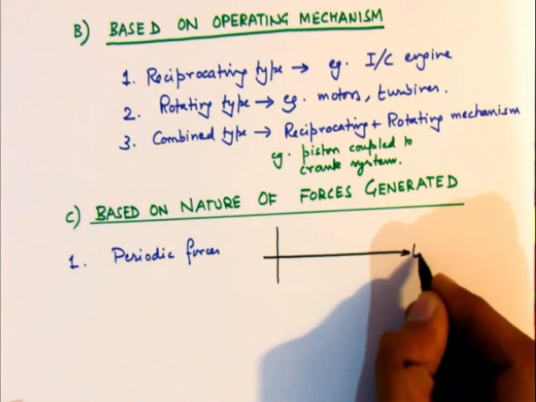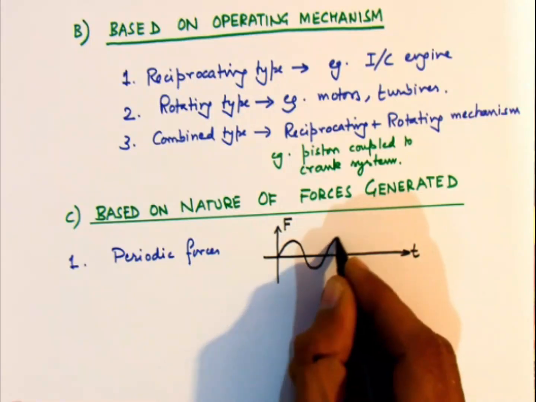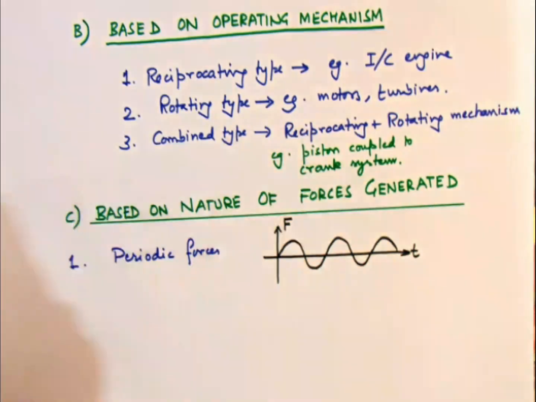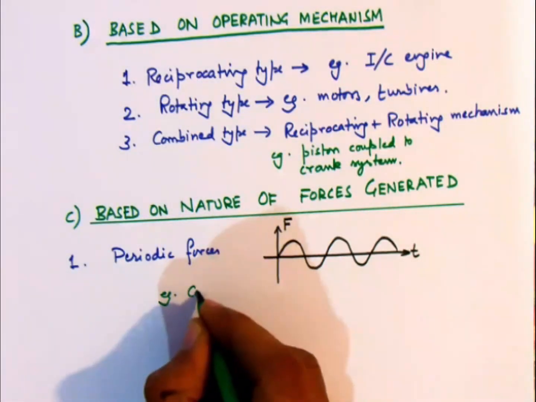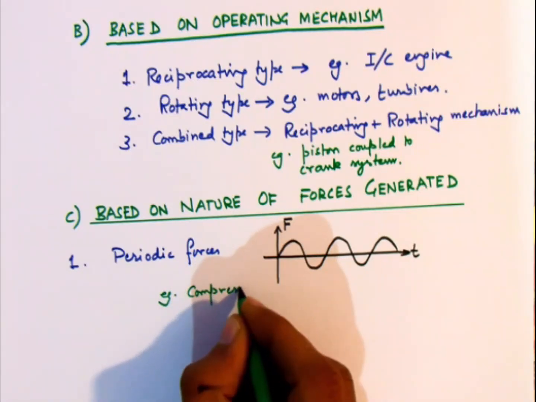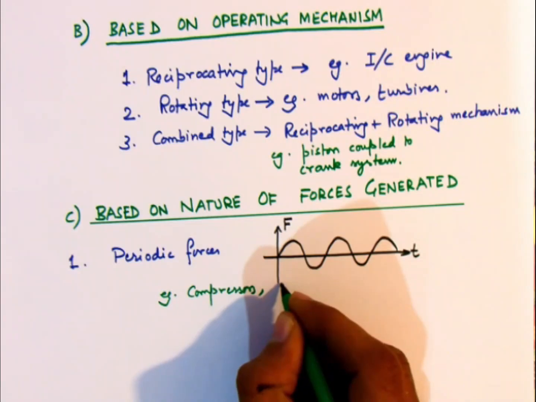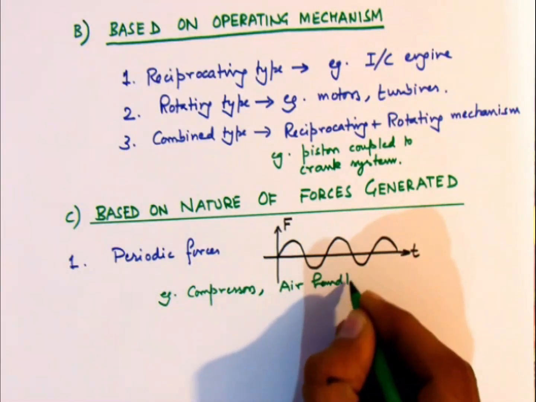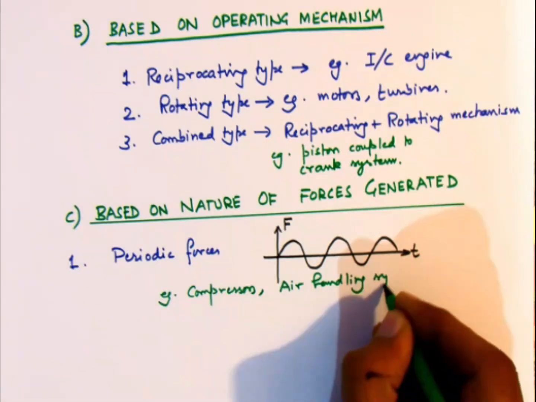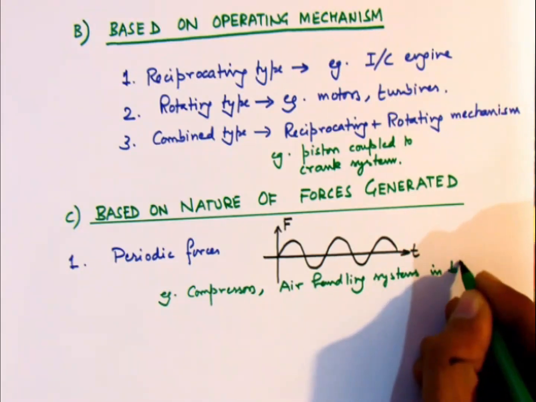For example, repetitive kind of force signal, it could be sinusoidal like this, or the waveform could be different, also not exactly sinusoidal. Examples include compressors, air handling units in buildings having central air conditioning systems.